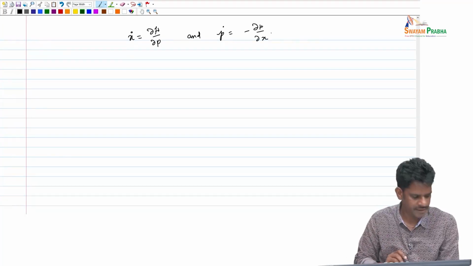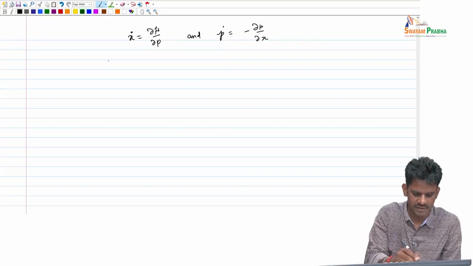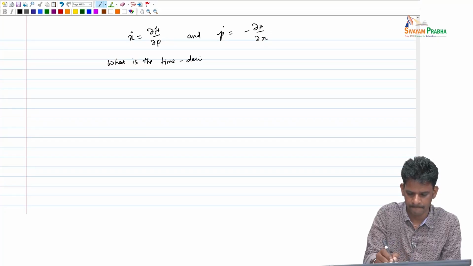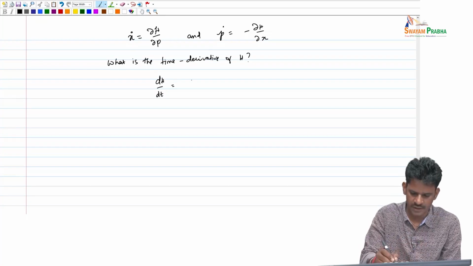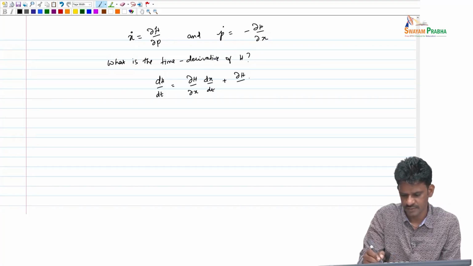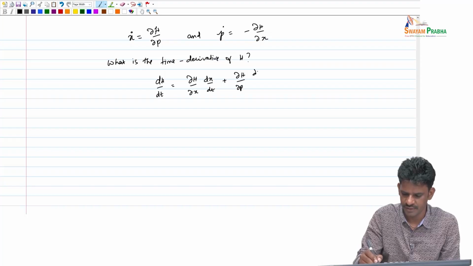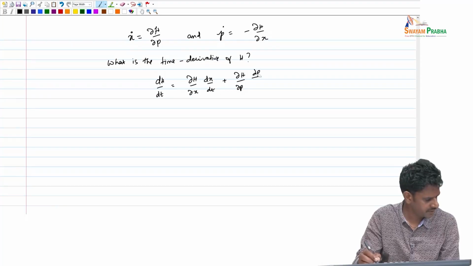Now you might ask, what is the time derivative of the Hamiltonian, that is, what is dH by dt? We can write this as partial H by partial x times dx by dt, plus partial H by partial p times dp by dt.